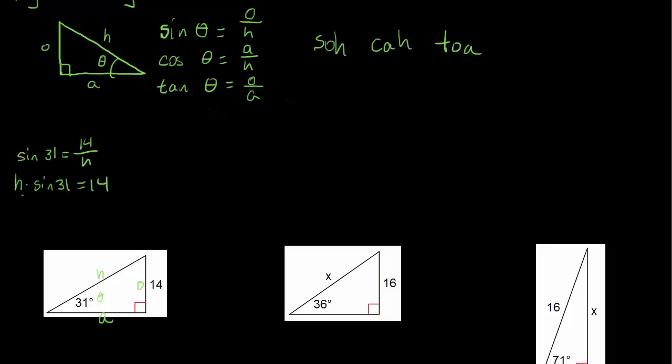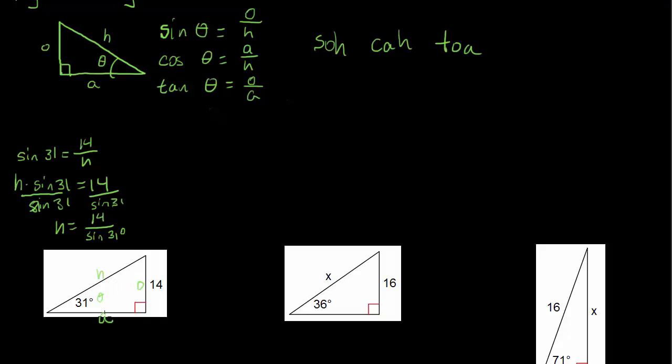And then I can just divide by sine 31. I know that's messy, but my hypotenuse would be 14 divided by the sine of 31 degrees. And you just put that into your calculator. Make sure that you're in degrees when you do it.